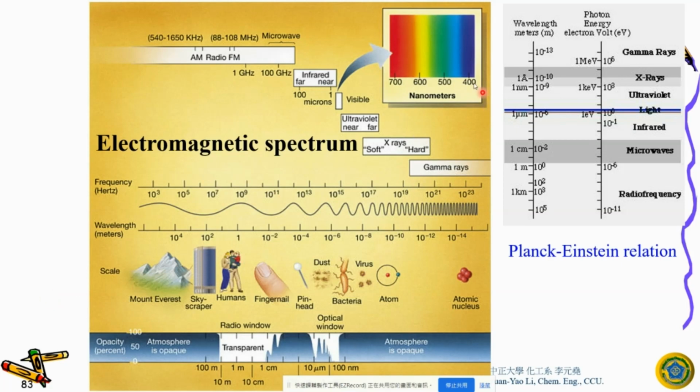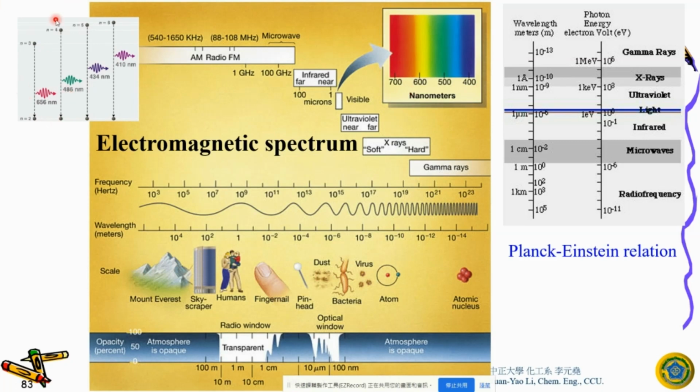For example, this is the gas discharge tube. These 4 wavelengths we can see with our naked eye. They are red, green, blue, and purple. This is in the range of wavelengths of 400 to 700.